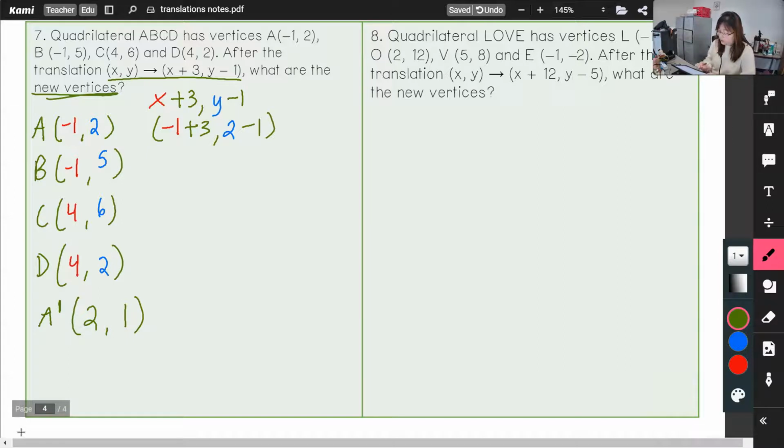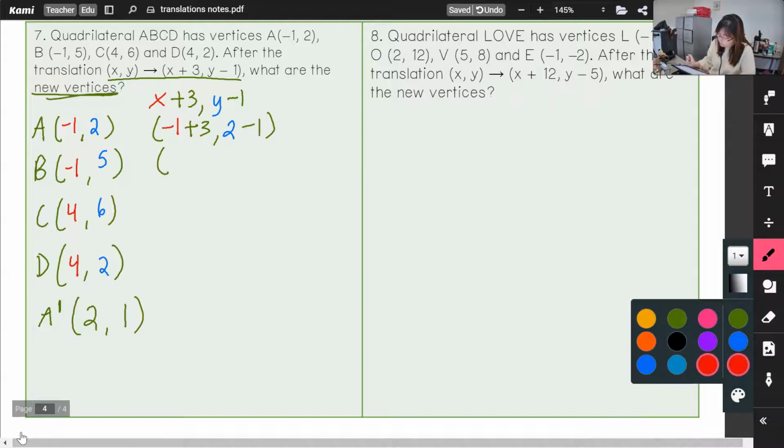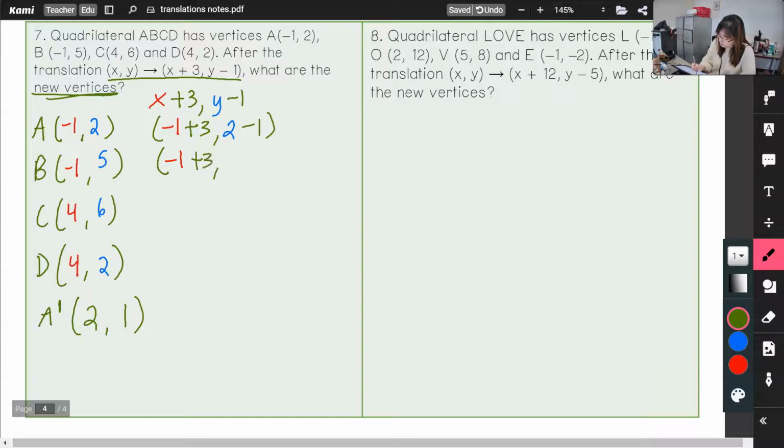Now we got to do it again for the other points. So for B prime, we still have -1 for the x, so we add 3 to that. Then now we have 5 for the y. We'll subtract 1. So B prime, -1 plus 3 is still 2, same as with A. 5 minus 1, though, is 4. So those are our coordinates for B prime.